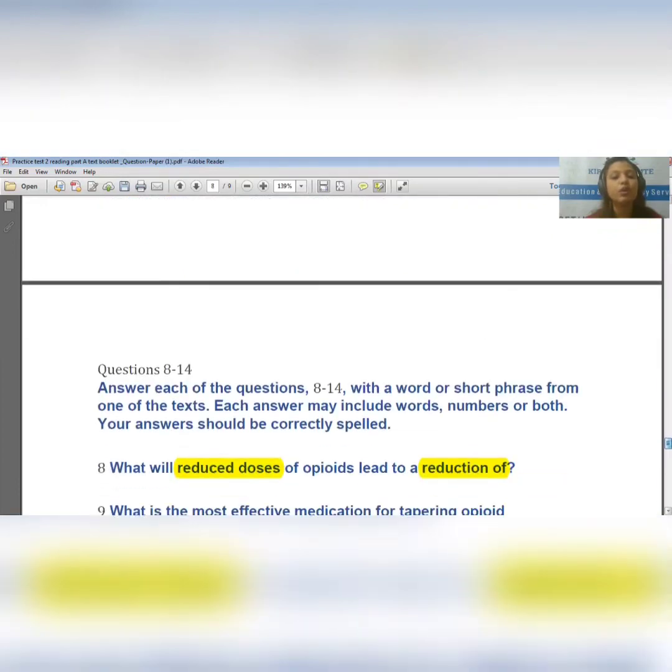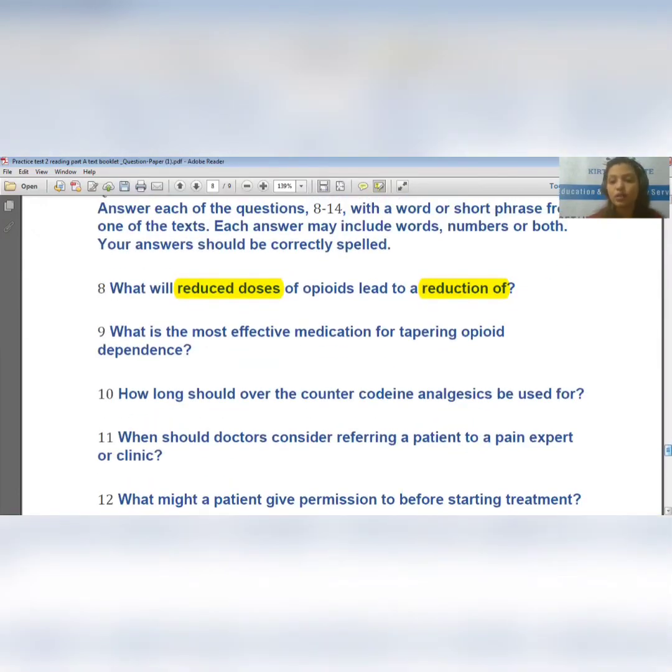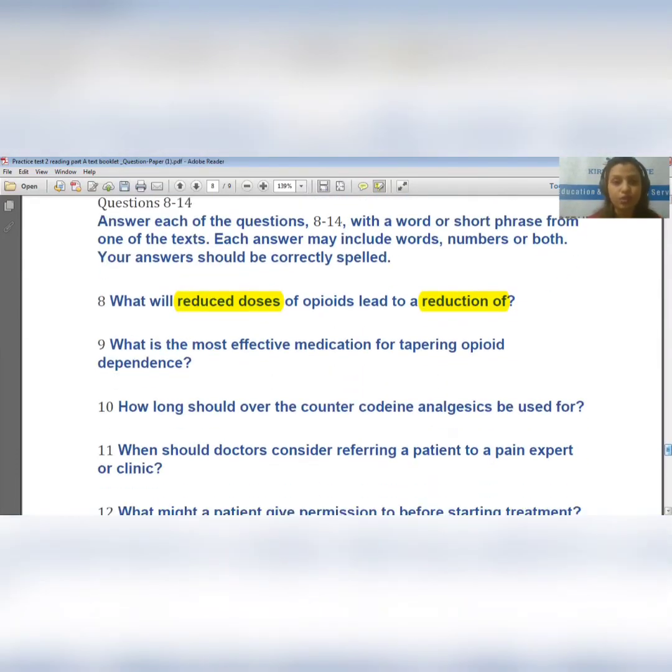I just want to tell you the ways to get your answers. We are not going to solve this whole reading part A, but just remember how to approach this task. For questions 8 to 14, you just have to underline the keywords of the question. Then based on your skimming, you think which text the answer would be in.